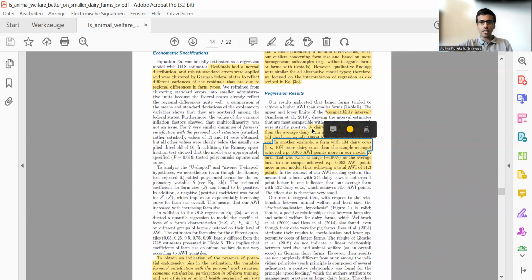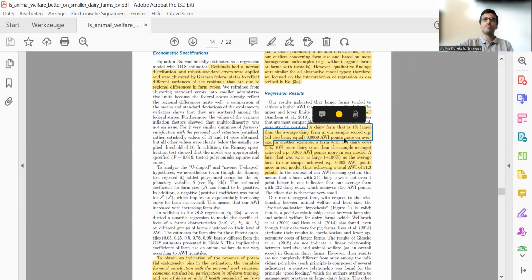In this section, they clearly interpret the economic significance of the result. This paper deals with the effect of herd size on animal welfare. A farm 1% larger than the average dairy farm results in a 0.0069 increase in the animal welfare indicator. They also write about ceteris paribus, which means other things being equal.